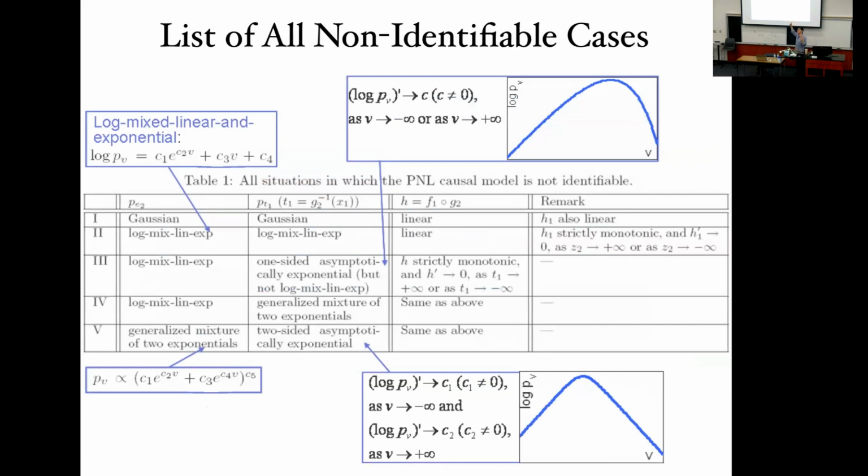If it's not the linear Gaussian case, then in the linear case the causal direction is identifiable. However, the second one is interesting. In one direction, it's linear, and the distribution is very specific. It's like a Gaussian distribution. It has to satisfy some particular form.